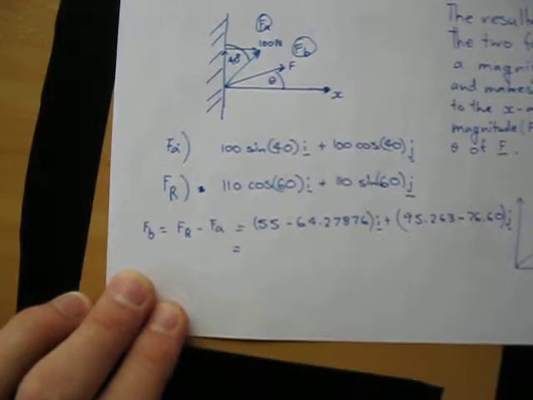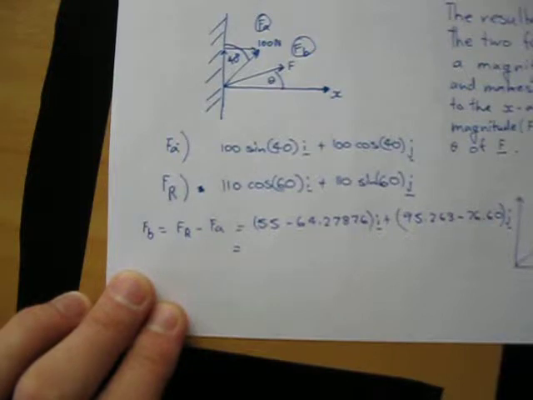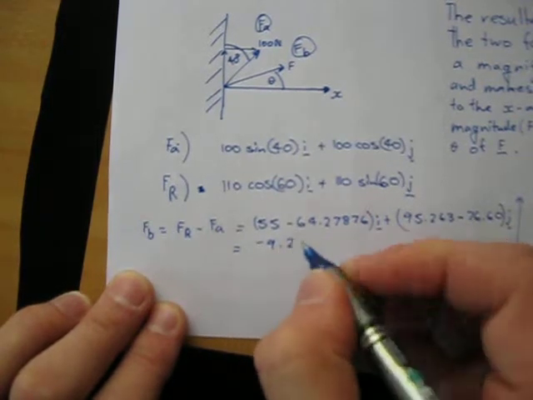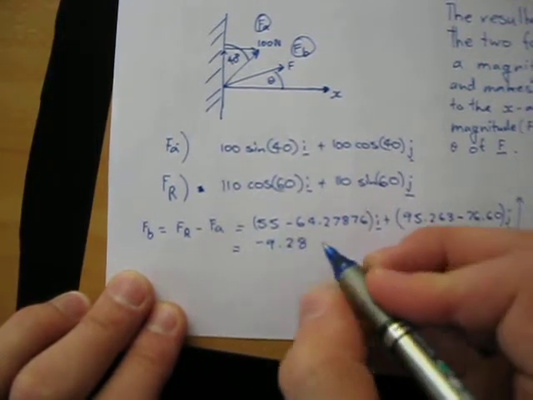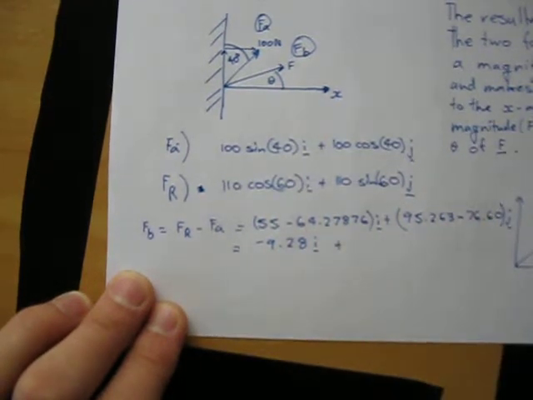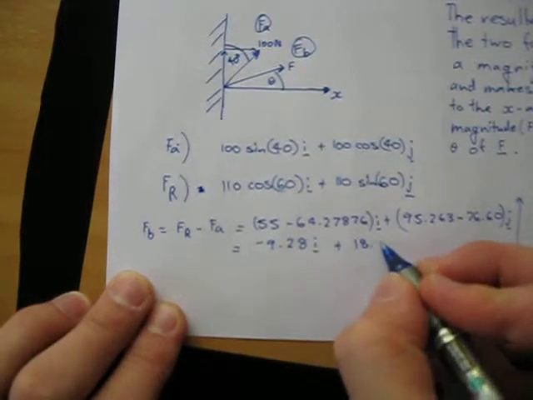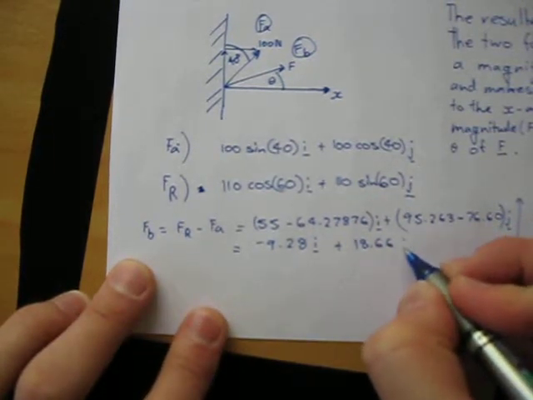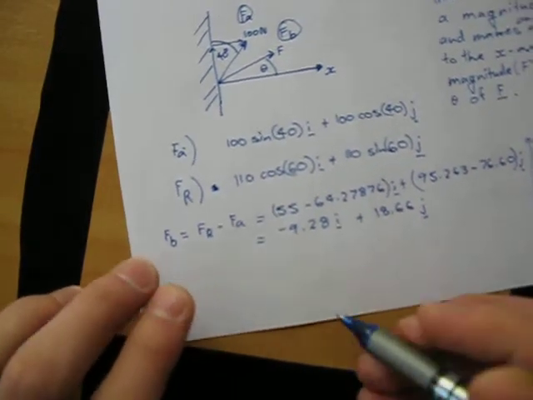You work that all out. 55 minus 64.278776, and we get negative 9.28, rounded, I plus 95.263 minus 76.60, 18.66 J. Okay, cool.